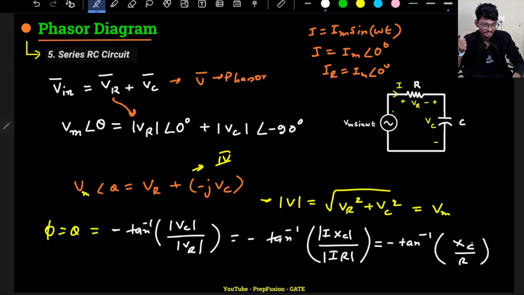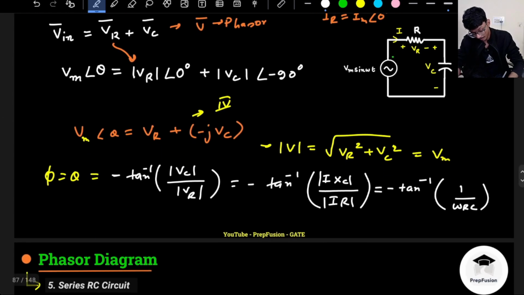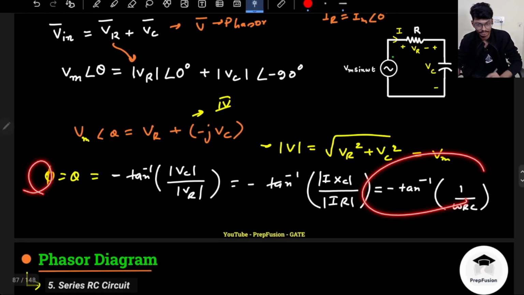What is Xc? Xc is 1 by omega c, if you remember. So this can be written as 1 by omega RC. This will be your minus tan inverse 1 by omega RC. This will be your phi.